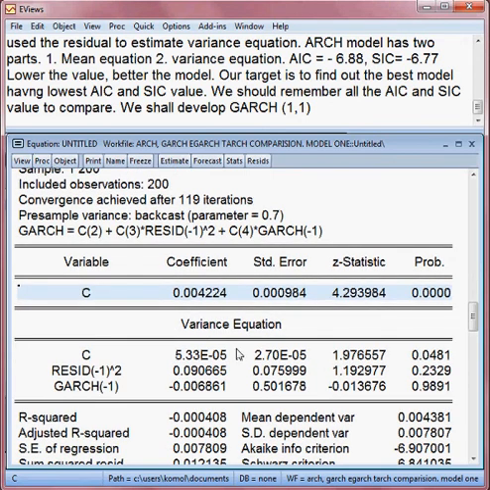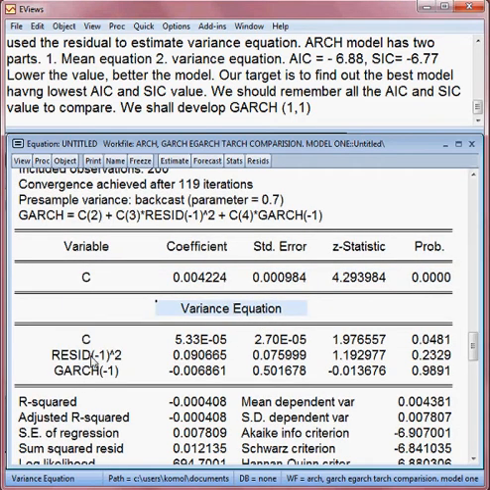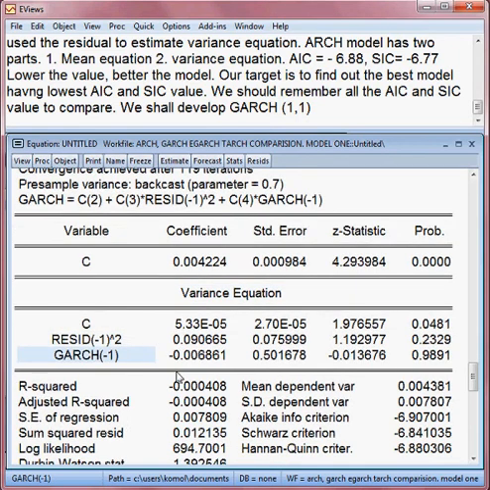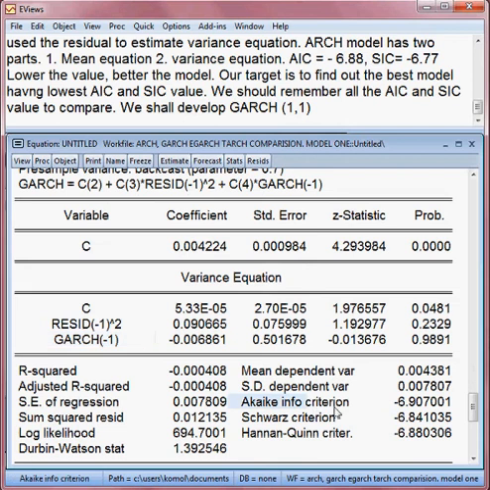Okay, then you can see our variance model, that is ARCH 1 and GARCH 1. Then what is the value of AIC? We have two things, AIC and SIC.